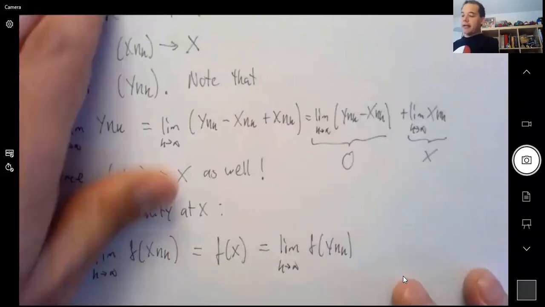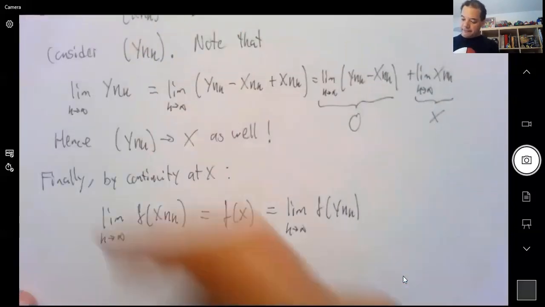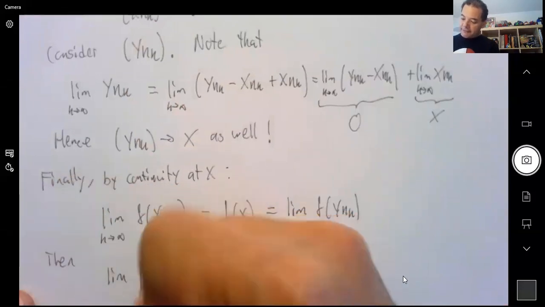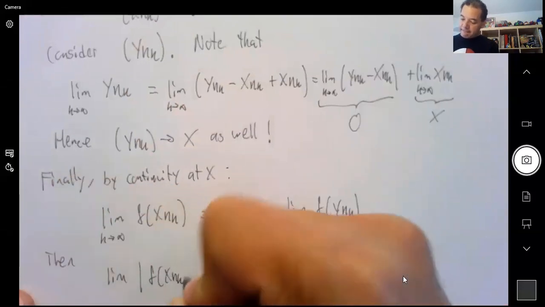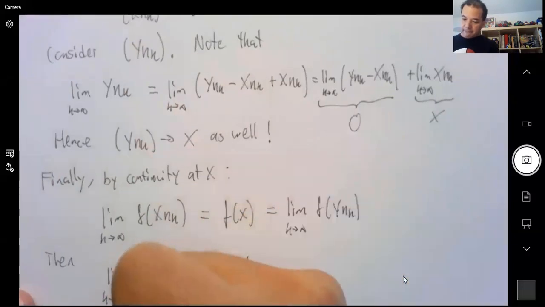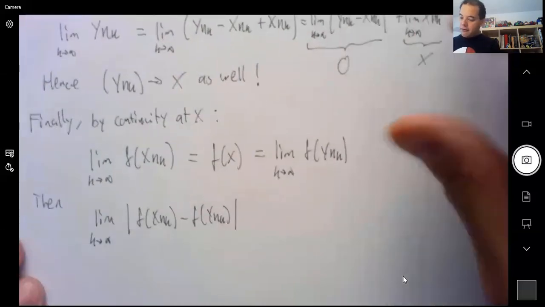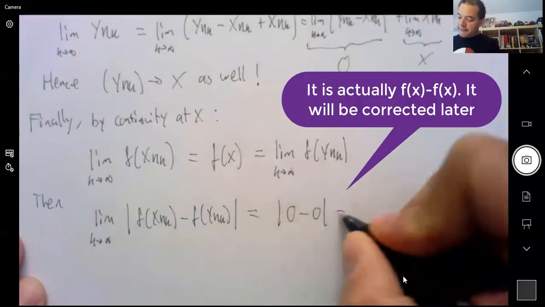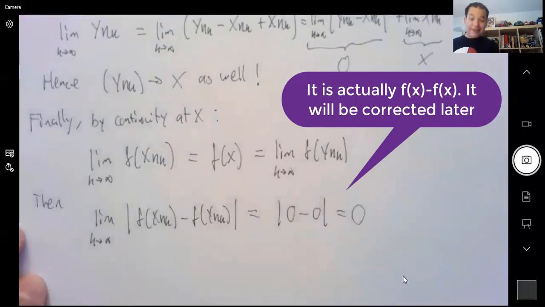But then I got something weird, because what is this limit if you look at the difference? If you look at this difference, well, this would be 0 minus 0, right? And that's a contradiction. Why is it a contradiction?